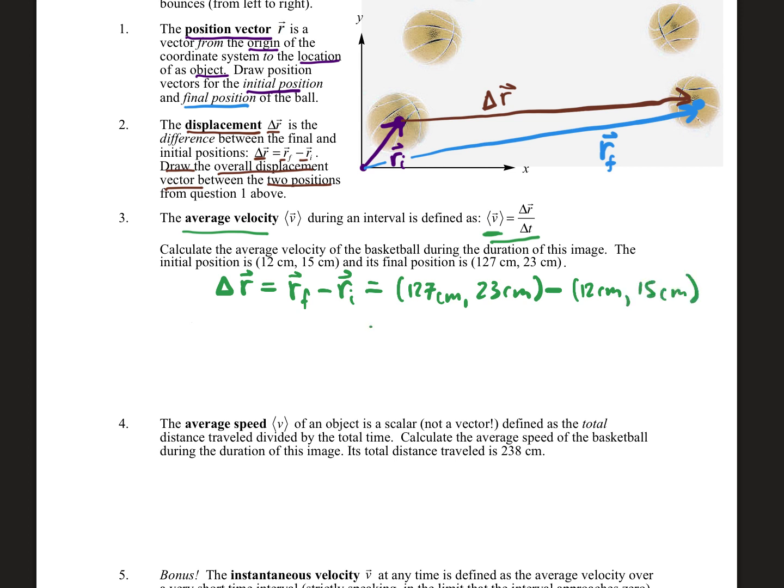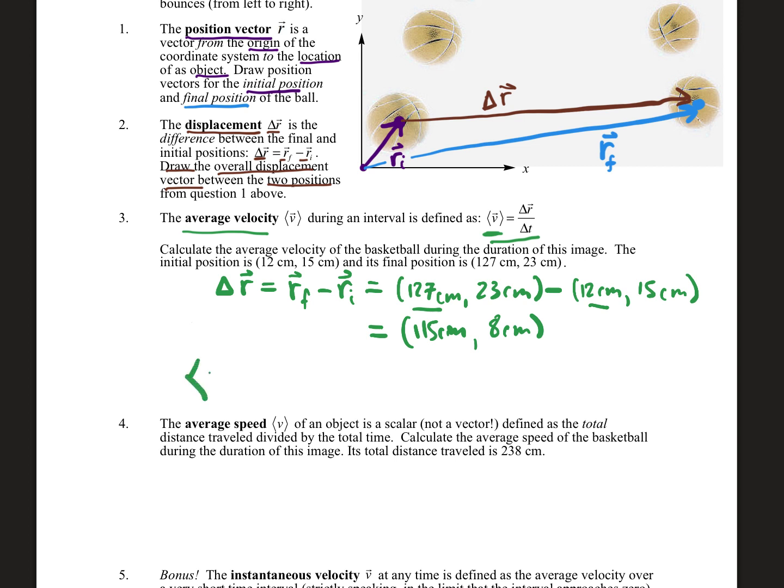And if you just subtract 12 from 127, you should have 115 centimeters. And then 23 minus 15, that's 8 centimeters. And so this is your displacement vector worked out.